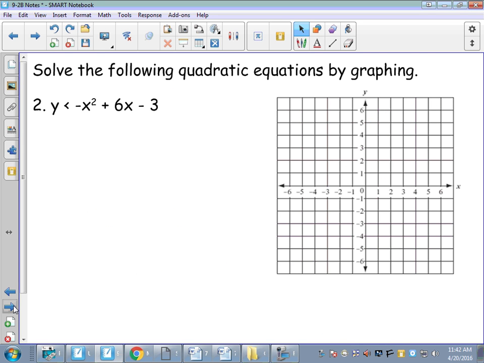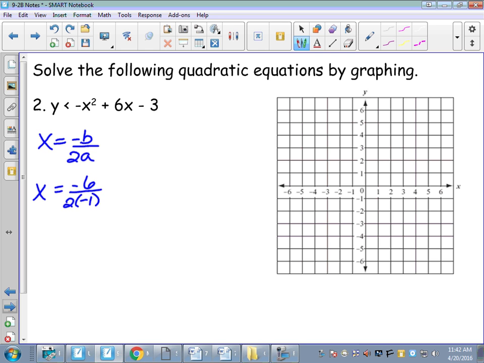So we're going to go ahead and figure our stuff. X equals negative b over 2a. That means x is equal to negative 6 over 2 times negative 1. Nope, sorry.